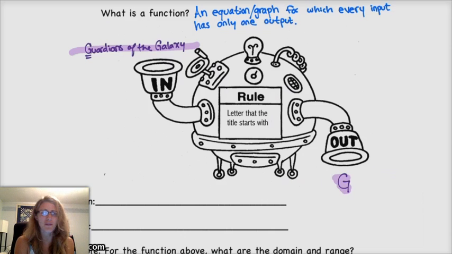I don't know, do movie titles start with numbers? Although the rule is the letter that the title starts with, so even if it starts with a number, we'll probably go with the first letter. Anyways, I'm overthinking the function thing too much. But anyways, domain is all titles of movies. Range is letters of the alphabet, right? Because those are all the possible things that you could come up with.